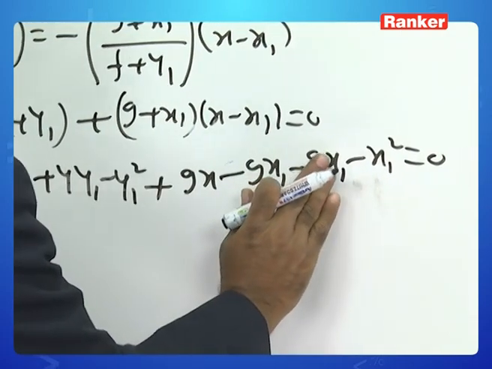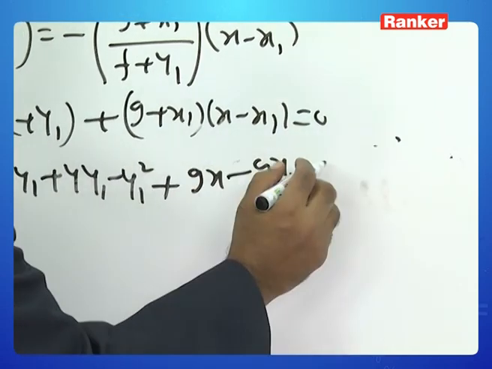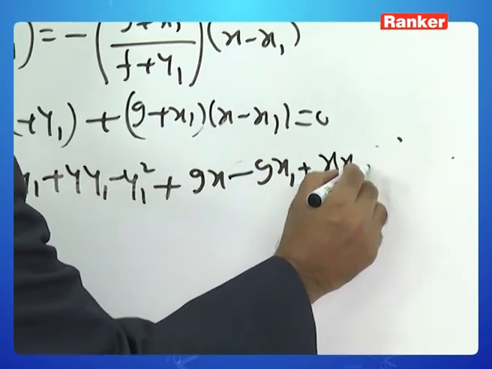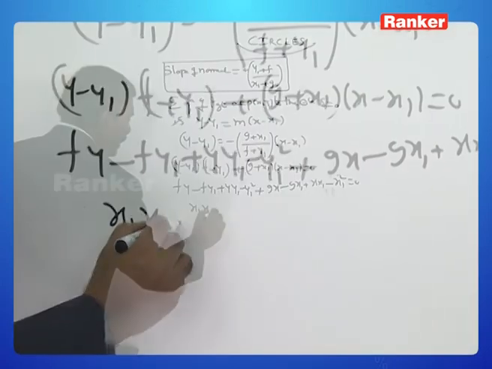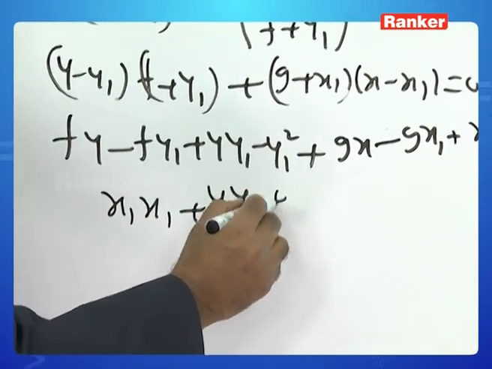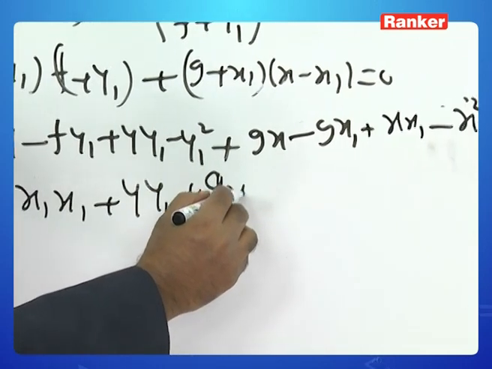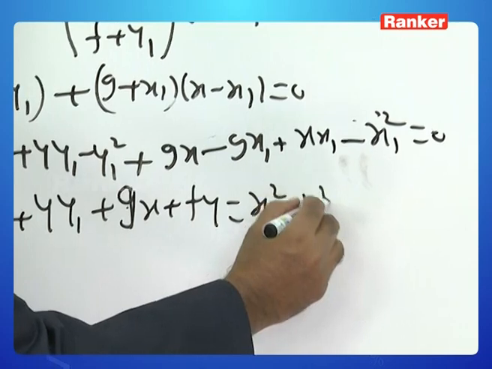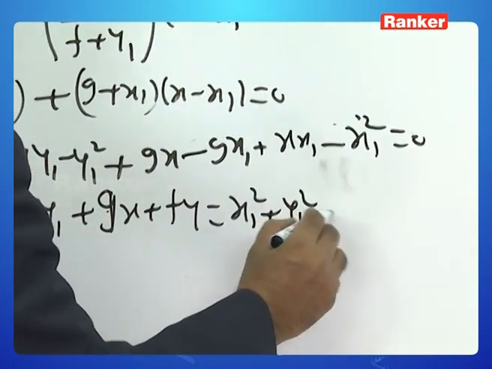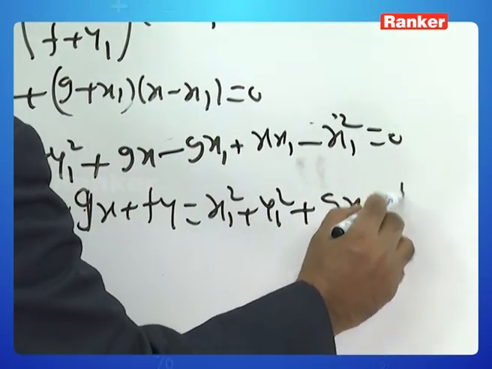Next this becomes xx1 plus xx1 minus x1 square is equal to 0. Now I am going to write xx1 plus yy1 plus gx plus fy is equal to x1 square plus y1 square plus gx1 plus fy1.